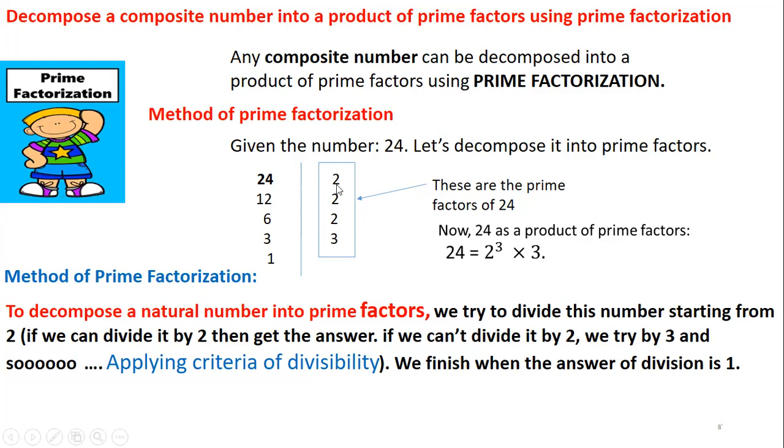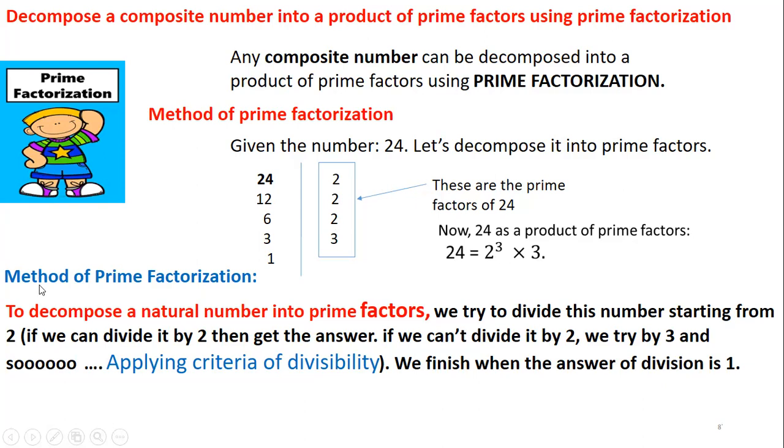But we have studied before that the repetition of multiplication is written as a power. So how many times are we multiplying 2? It's multiplied 3 times. So I write, as a product of prime factors, 24 equals 2 cubed times 3, because the 3 is only written once. So 2 cubed came from 2 times 2 times 2. I've written it as a power.